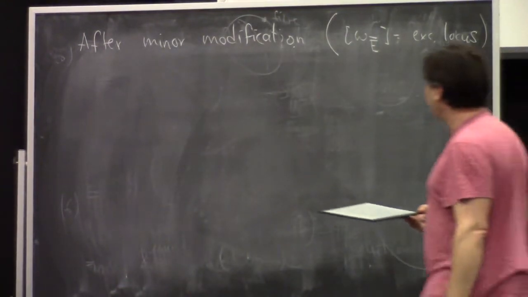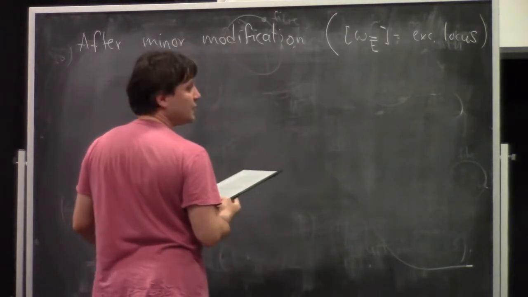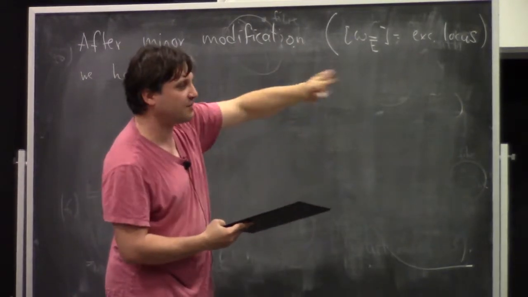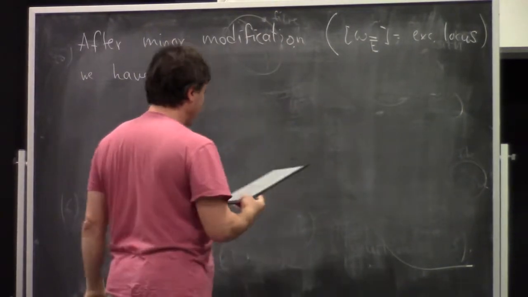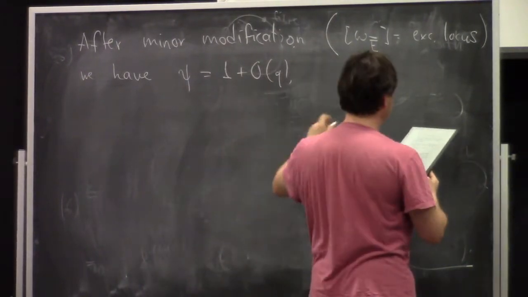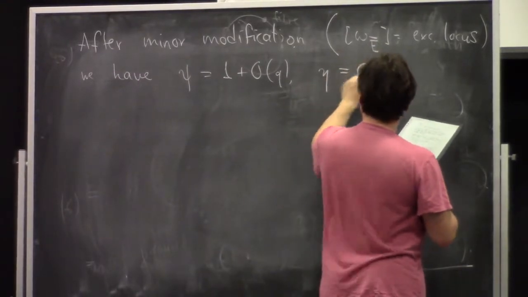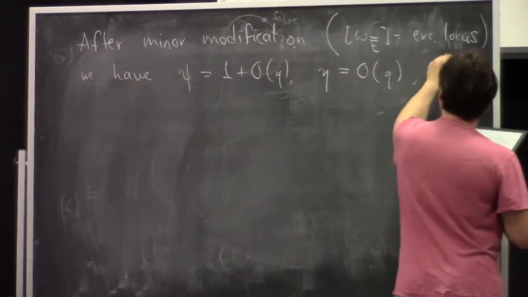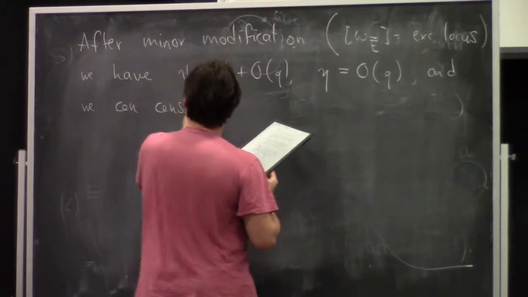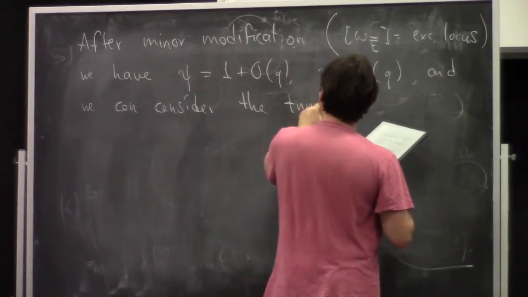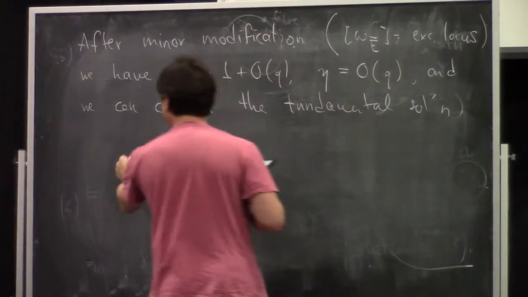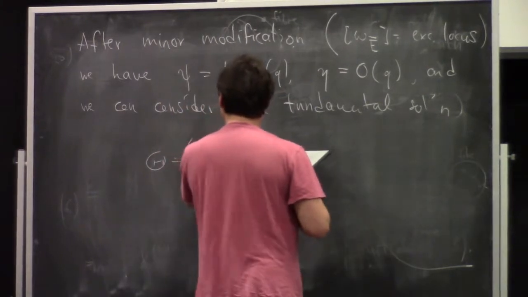And in that case, we can consider, so just basically you multiply everything by certain powers of q, and in that case you actually have that this has 1 plus a positive power of q, and this thing has only positive powers of q, and we can consider the fundamental solution, theta, so it's some matrix.